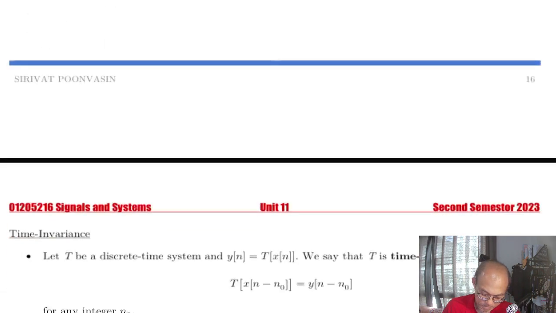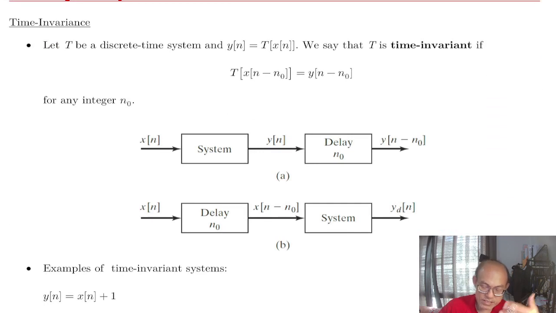Time invariance. The concept of time invariance in discrete time systems is just the same as the concept of time invariance in continuous time systems. Basically, a time invariant system is a system whose behavior doesn't change with time. How the system responds to a particular input doesn't change with time.